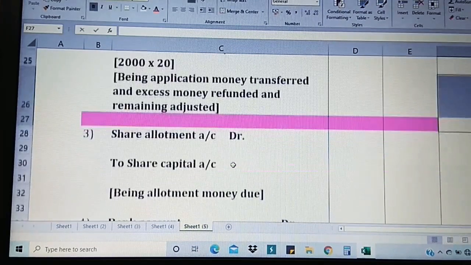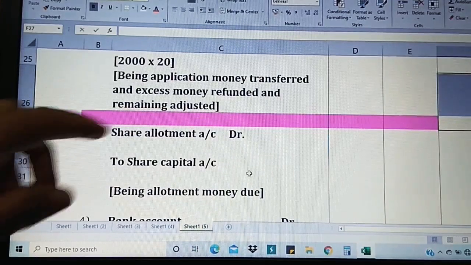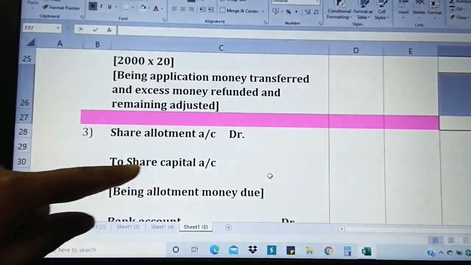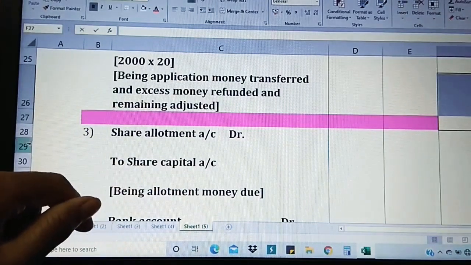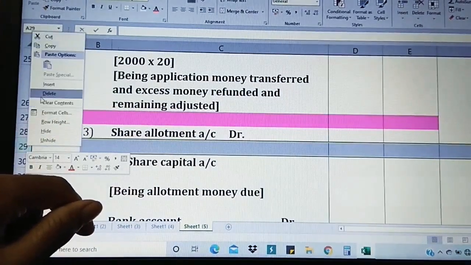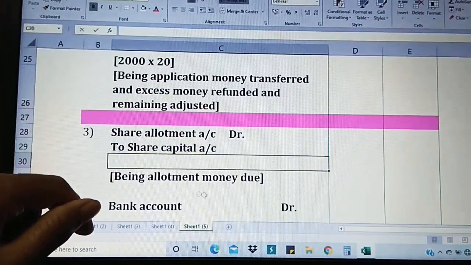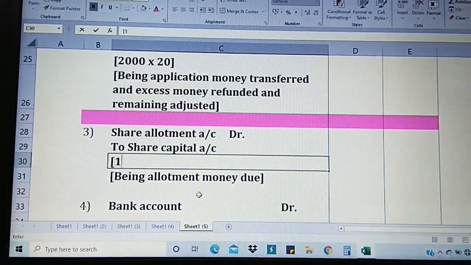Now coming to the allotment entry, observe: share allotment account debit to share capital account. Here we have the calculation to be taken up. Only for application it was 15,000 that we received, but in case of allotment it will be only 10,000 shares.